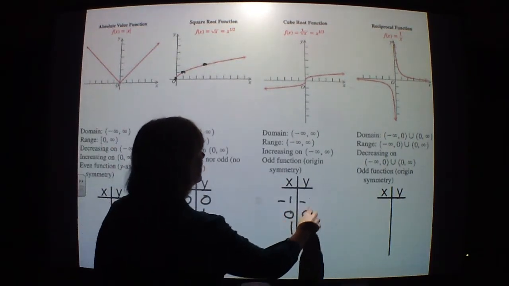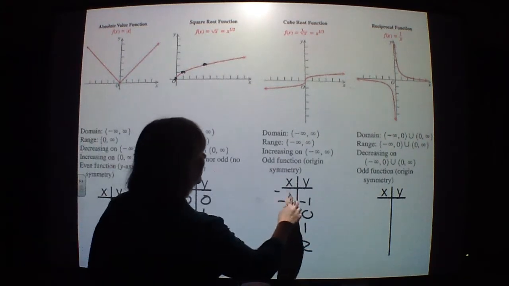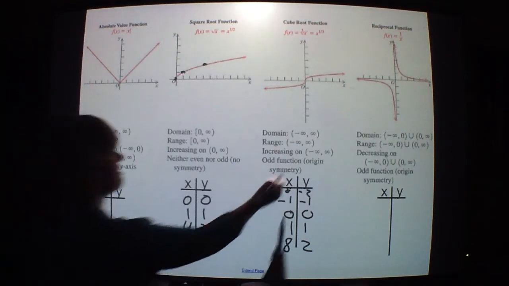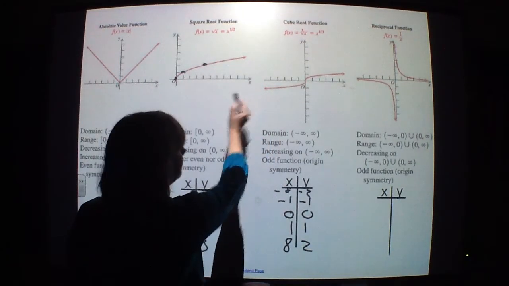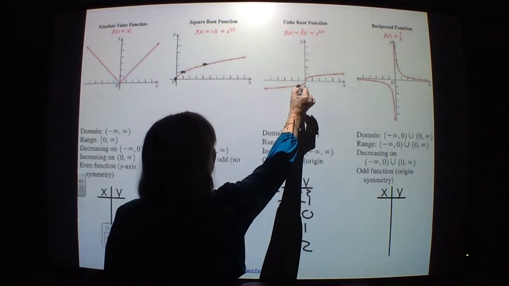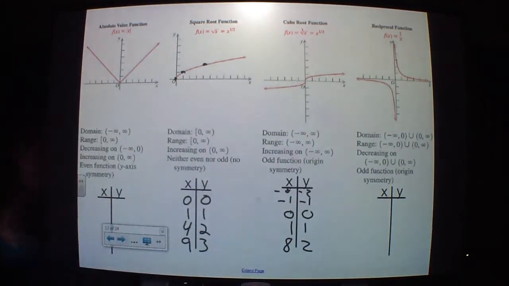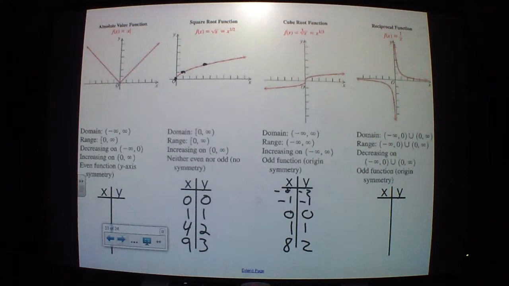Cube root of -1 is -1. Cube root of -8 is -2. So you should be able to do this. Now look. -8, -2. -1, -1. 0, 0, 1, 1. You should be able to graph all that. Okay, so there's your cube root function.